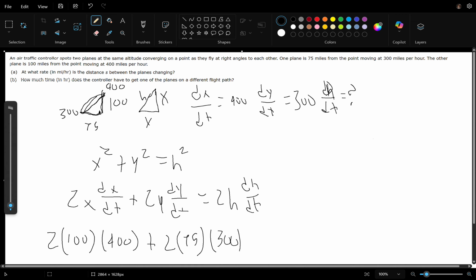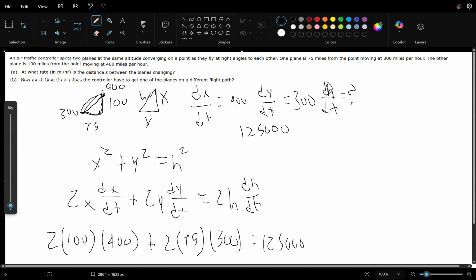And then we add all that together, and that gives us 125,000. And so once we have that, we have 125,000.